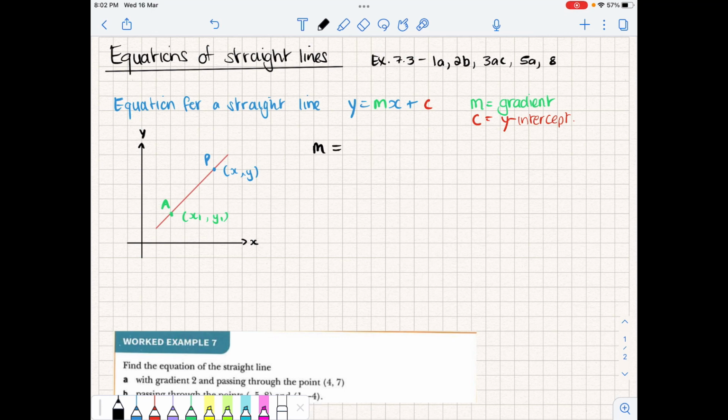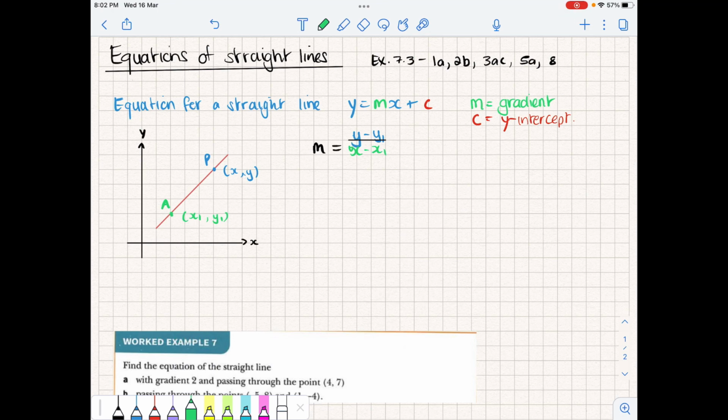So the gradient would be equal to, and in our case here we have x and y and x1 and y1. So we could have y minus y1 as our change in y. And on the bottom we could have x minus x1, just like we've always done before.